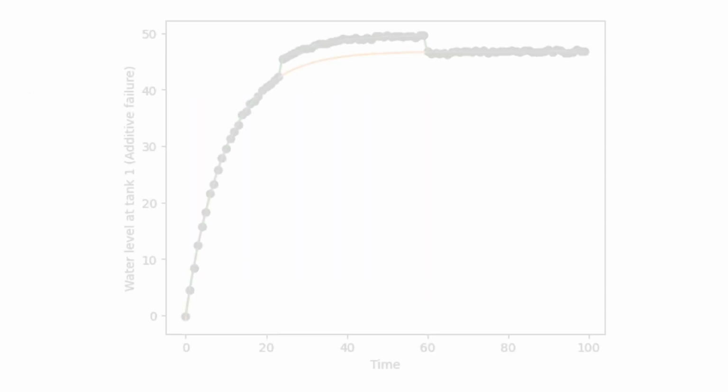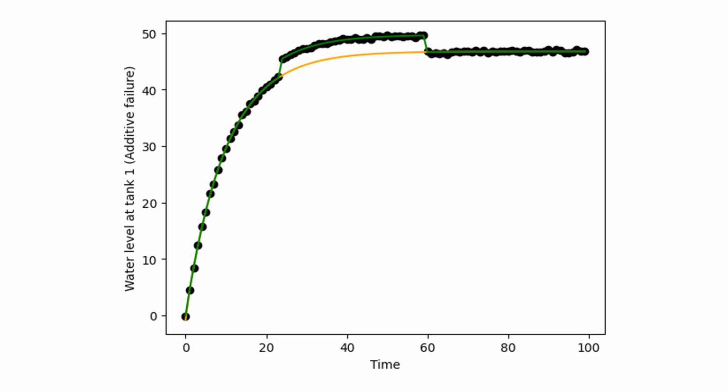And you have here a progression of the Kalman filter versus the real measurements in terms of the water level at the first tank. And you can see that the Kalman filter in orange follows the physics behavior, so the perfect behavior, because I set the uncertainty of the Kalman filter to a very low value in terms of state.